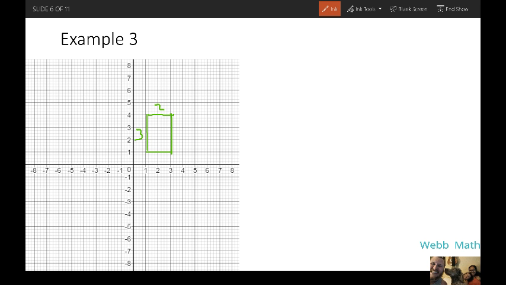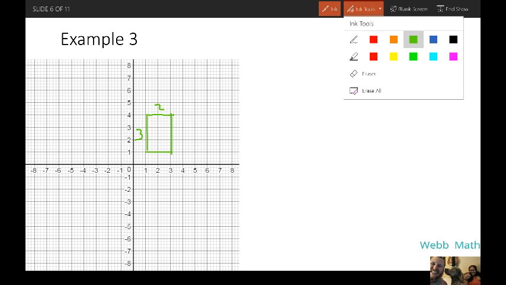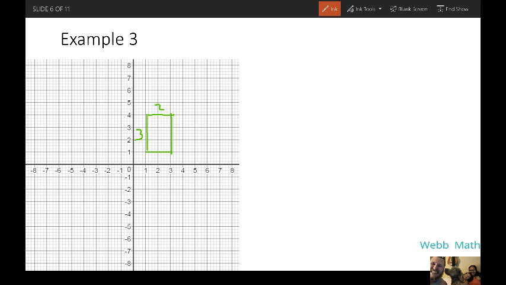Okay, and we're going to dilate it from the origin. So if we dilate from the origin, we'll talk about the scale factor that I used here. I'm going to go ahead and go by 2.